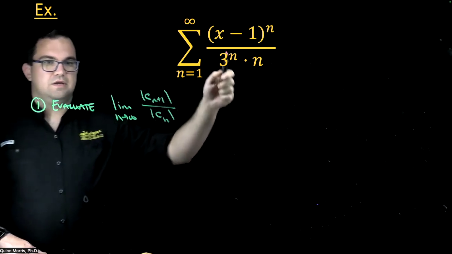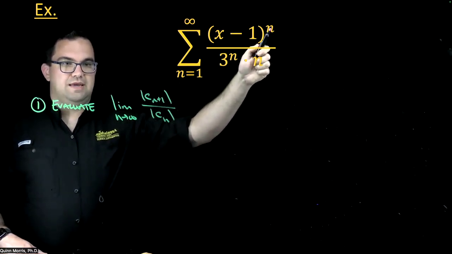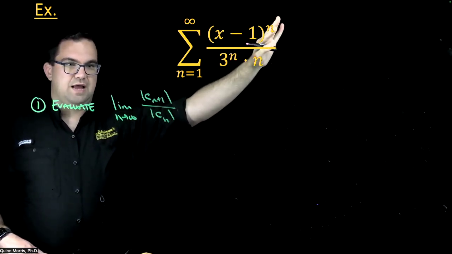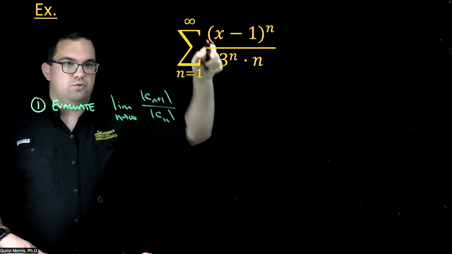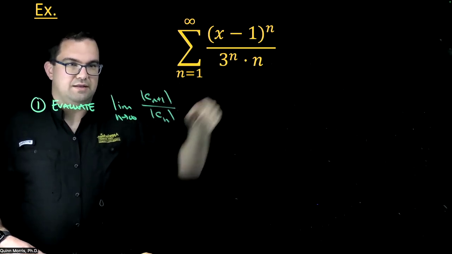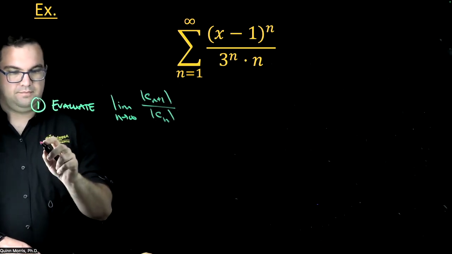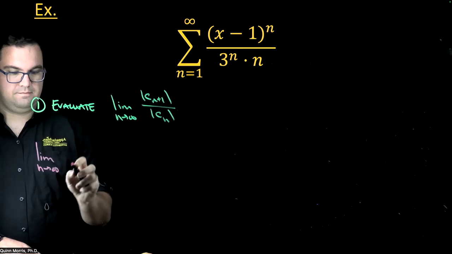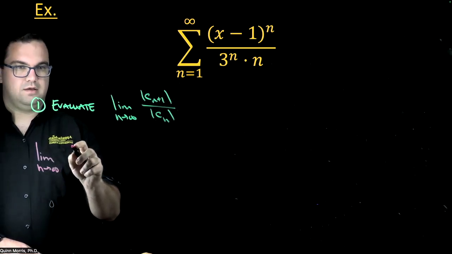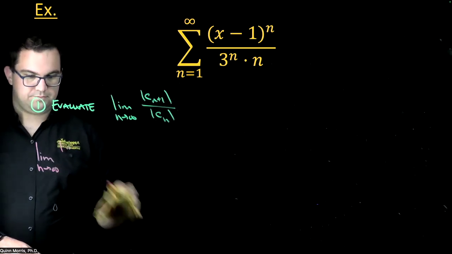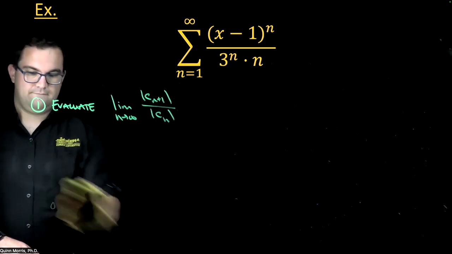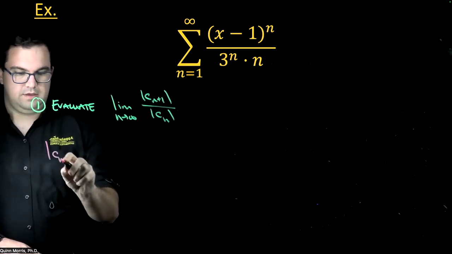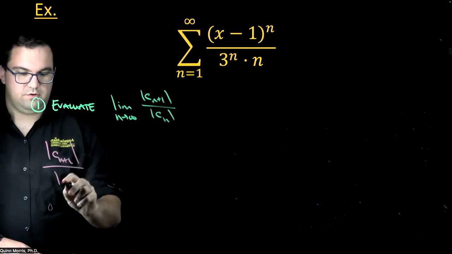In this case, I have my x minus 1 to the n. That's my x piece that I ignore. My coefficient is going to be 1 over 3 to the n times n. I don't want to do the limit yet. I just want to look at the ratio of the coefficients.